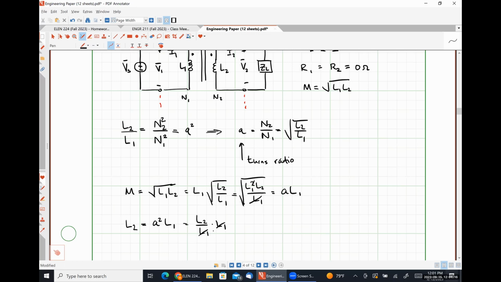So anytime we see L2, we can also put it just in terms of A and just in terms of L1. So let's take these relationships and let's derive some.